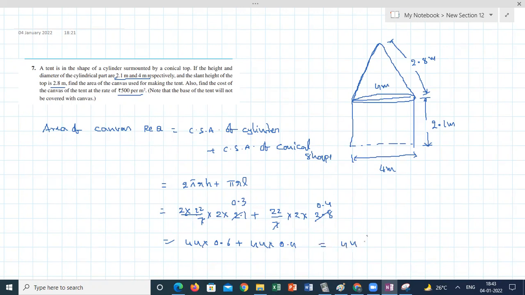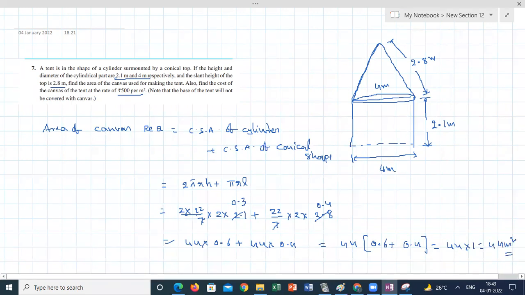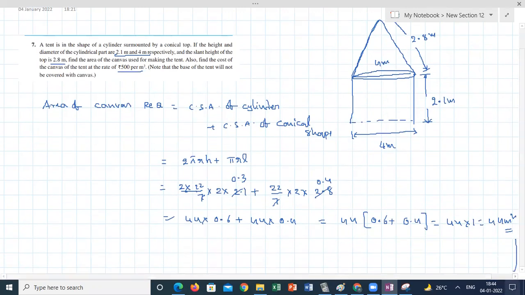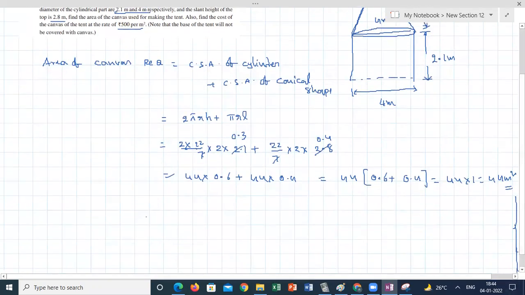So I'm taking 44 common: 0.6 plus 0.4, 44 into 1. 44 meter square is the total area of the canvas required.